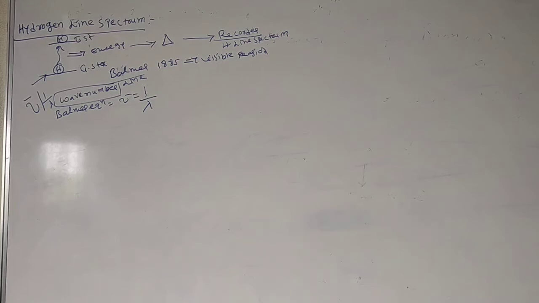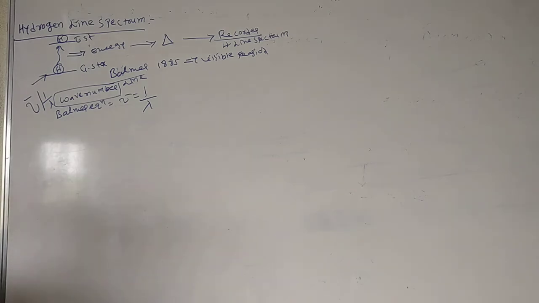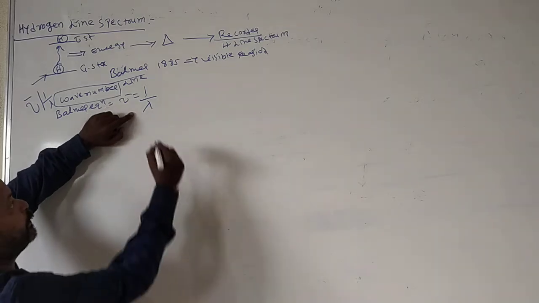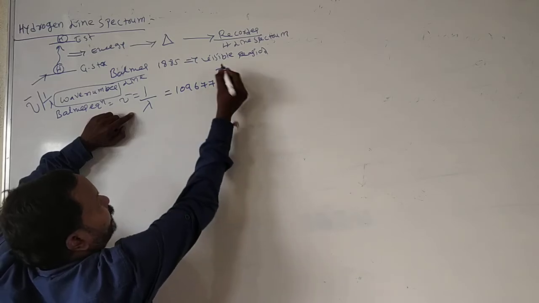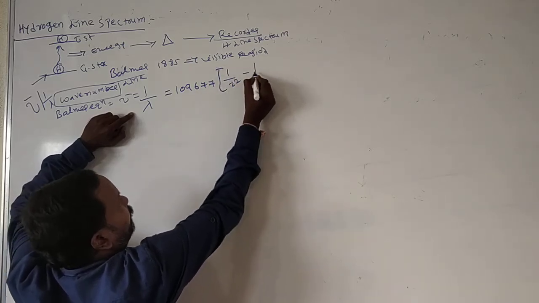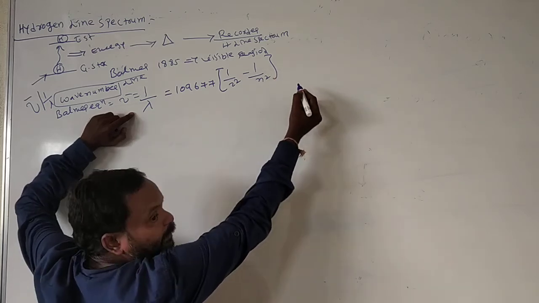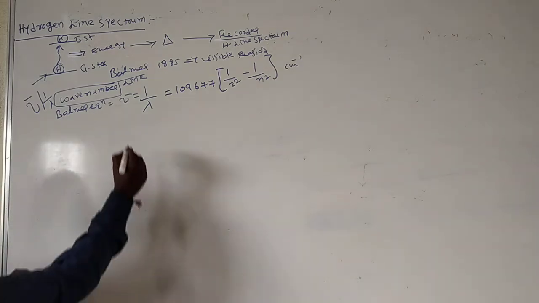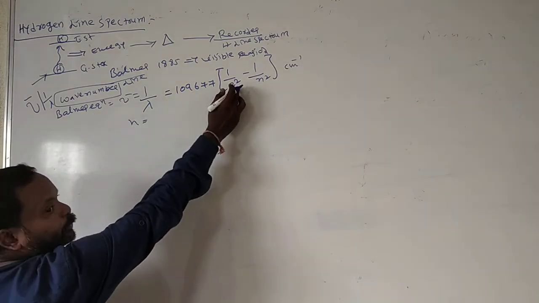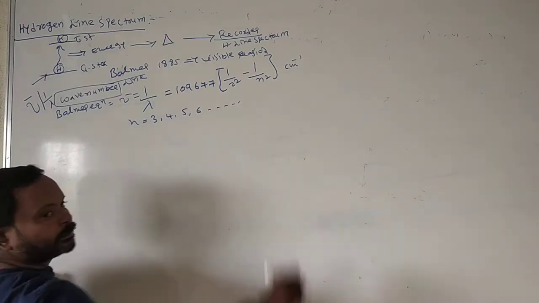Balmer proposed this equation: u bar is equal to 1 by lambda is equal to 109,677 times (1 by 2 squared minus 1 by n squared) per centimeter. Here the wave number is per centimeter, and n may be 3, 4, 5, and so on.